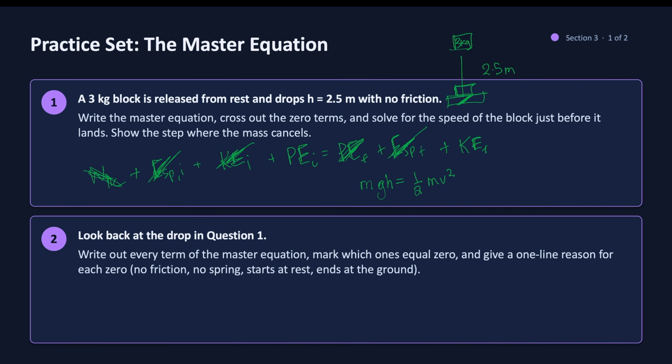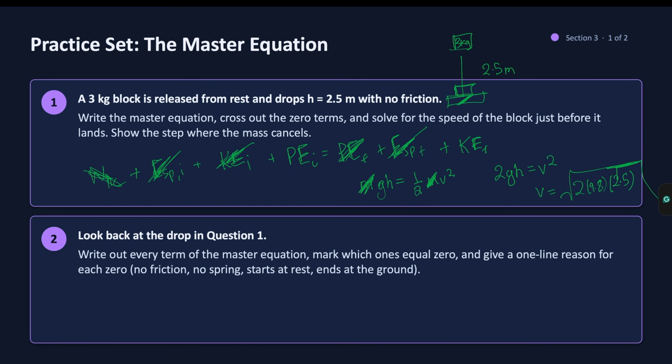So there's two approaches to this. You can just solve the problem by plugging in the numbers now. But if you wanted to make it a tad bit easier, we could just divide by m on both sides, before we even substitute anything in. So then we could do 2gh is equal to v squared, and v is equal to the square root of 2 times 9.81, or just 9.8, times 2.5 meters.